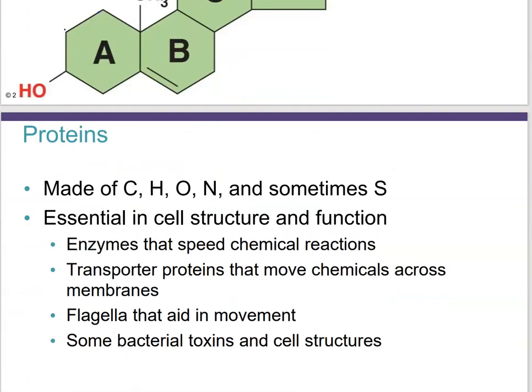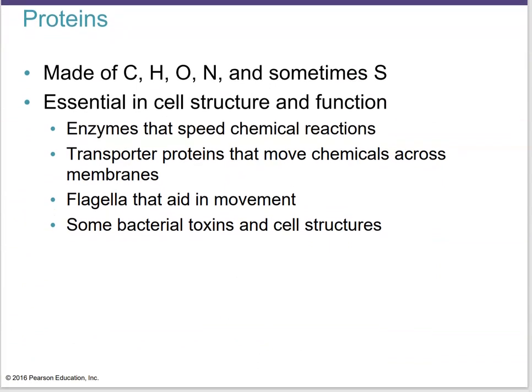Okay, moving on to proteins. These proteins are made of amino acids. The main components of all of these amino acids are lots of carbon, hydrogen, oxygen, nitrogen, and sometimes even sulfur. Proteins are a very diverse group of molecules.